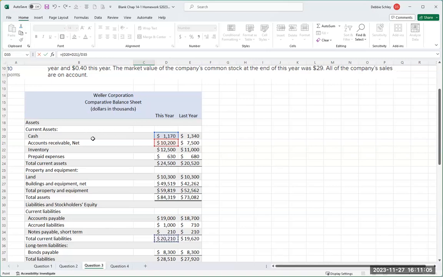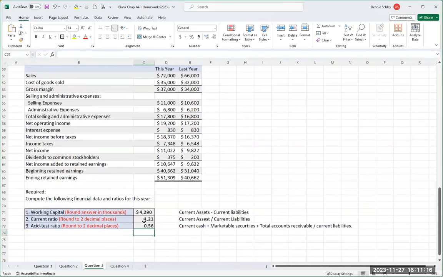So cash plus accounts receivable divided by total current liabilities. And if you're typing it into Excel, remember to put parentheses or you'll get the wrong answer. And so that's my acid test ratio. And that is all for question 3.